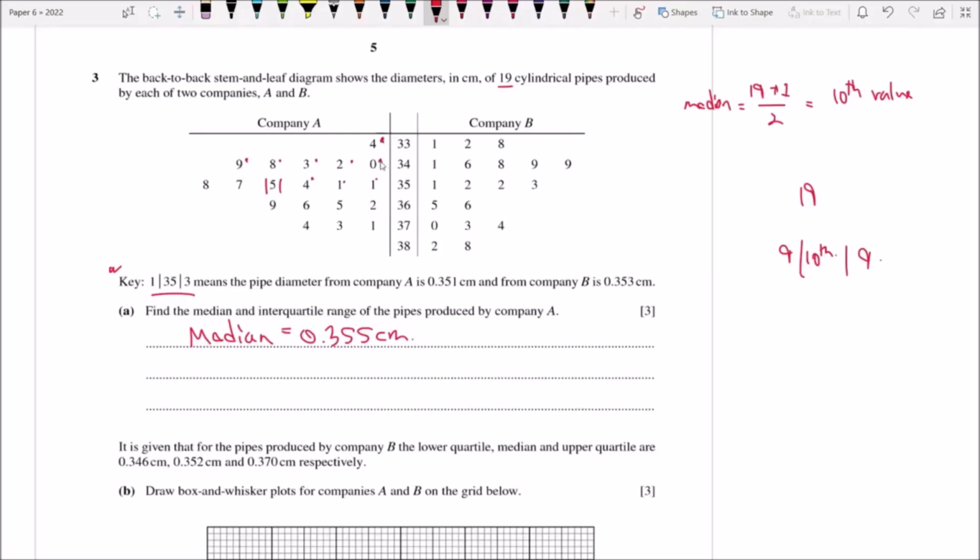This is the first, second, third, fourth, fifth, sixth, seventh, eighth, ninth value. On the other side, we have 1, 2, 3, 4, 5, 6, 7, 8, 9 values, 9 on each side. So for odd numbers, this is how you do it: you get rid of the median and divide the data into 2 equal parts.